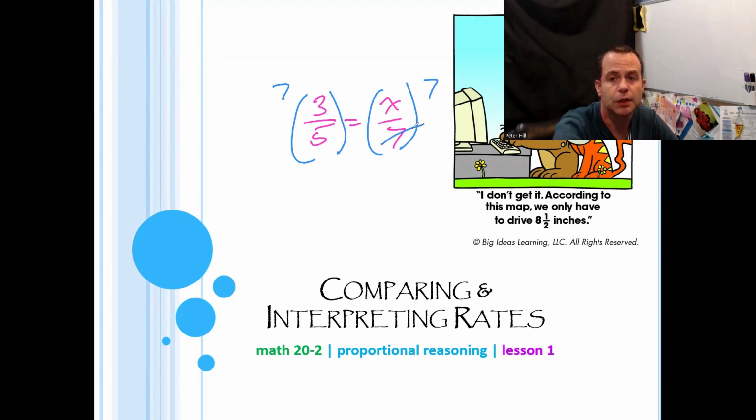And so those 7s would cross out and I'd be left with 7 times 3 divided by 5, which is equal to x. And that's actually what we did when we cross multiplied, right? We multiplied the diagonal and then we divided by the third. So it does work algebraically, and that's why it works.